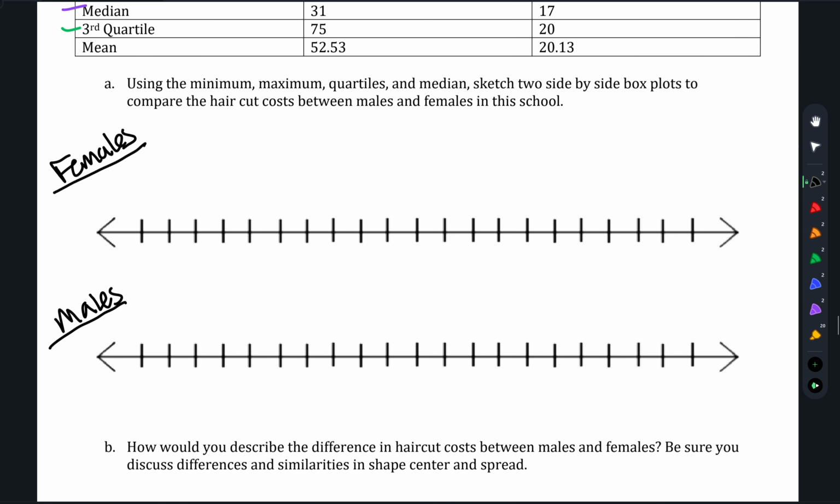I'm going to count by tens. You might do something different than me. So each one of my tick marks is 10. And I'm going to do the same for females and for males.